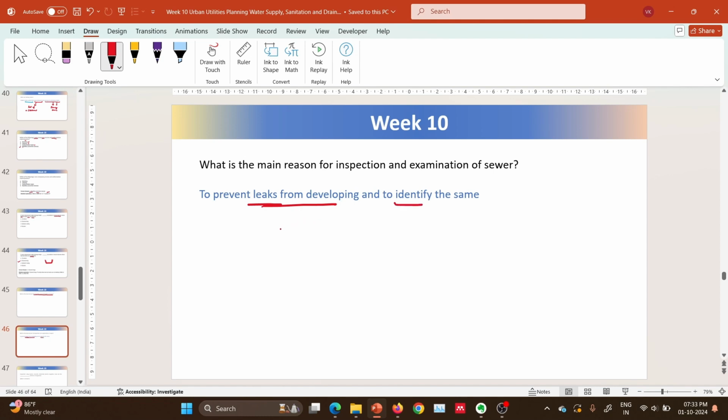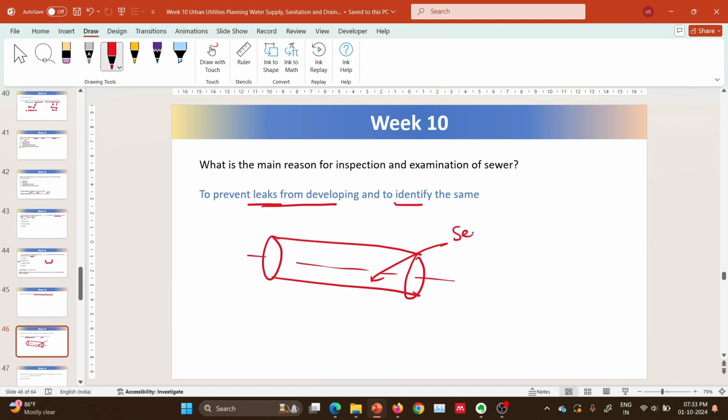So there should be no leakage from the sewers. The main issue with the sewer is it carries sewage. Sewage can cause pollution if it gets mixed with the water supply.